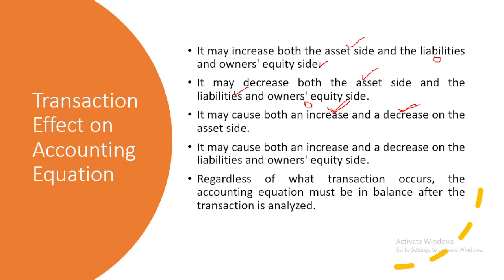So meaning that our owner's equity, no, that one will actually affect our bank account as well, because that will have already been recorded in our bank account. So I'm still trying to think of one that will increase and decrease both the liabilities and owner's equity.